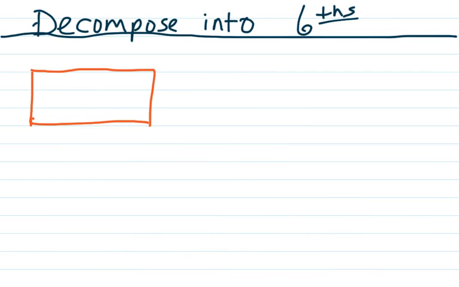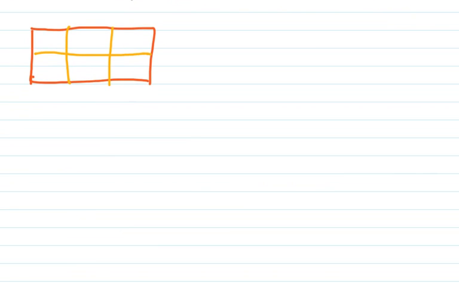Now this one, we're going to try to decompose into sixths. I'm going to go with orange this time. Split it in half. Then I'm going to split this into sixths. So now, each one of these parts, remember the whole is divided into 6, so our denominator is going to be 6.